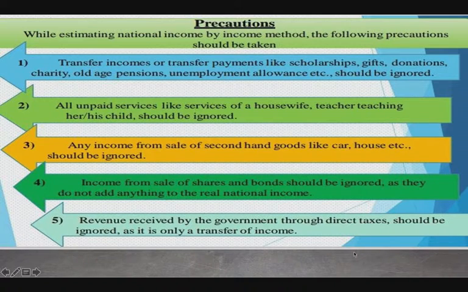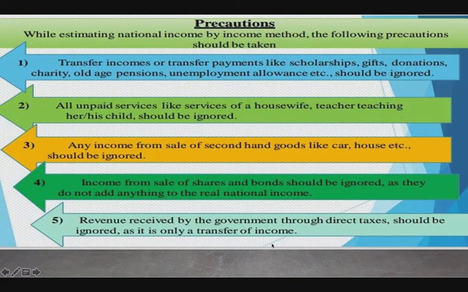So direct tax is already considered in the accounting of national income, in the payment of this person. So to avoid double counting, direct taxes received by the government are not considered and should be ignored, because it is only transfer income without any participation of the government in the production activity. The government receives these taxes, so it is transfer income.